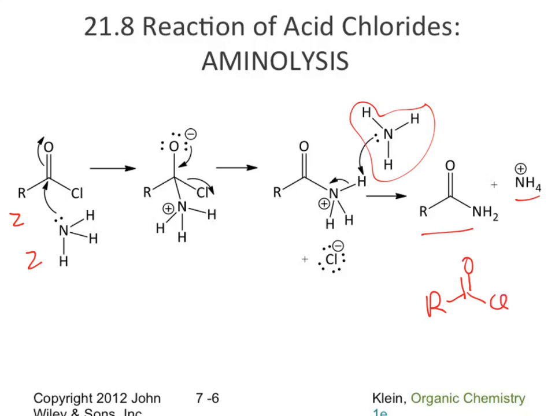We'd need another equivalent of nitrogen to come through and actually react with that species. As far as strictly balancing the equation, yes, 1 acid chloride and 2 amines.